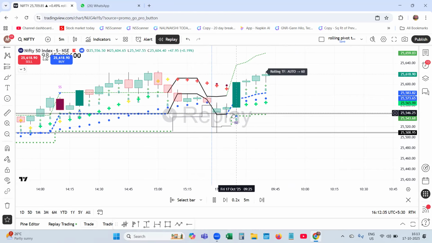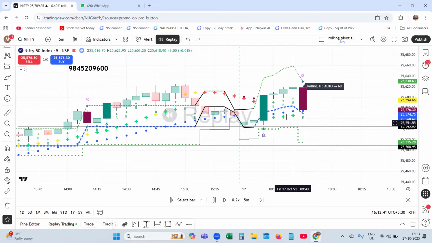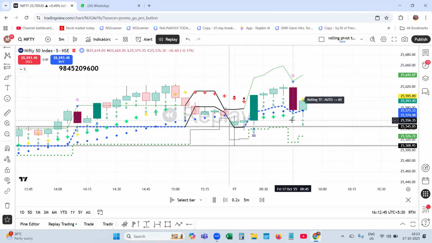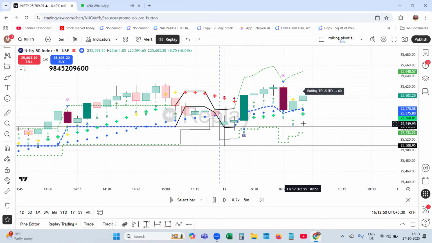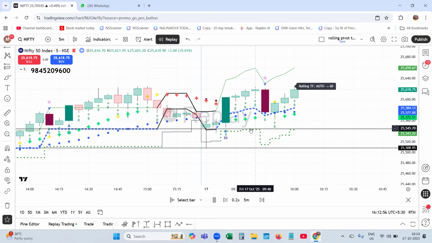Friends, you are not making any mistake. Then on the third 5-minute candle a buy signal was generated, and it is a retracement after making a high, which is a natural process, retesting this level. Just watch how the magic, this rolling pivot, helps you go long.